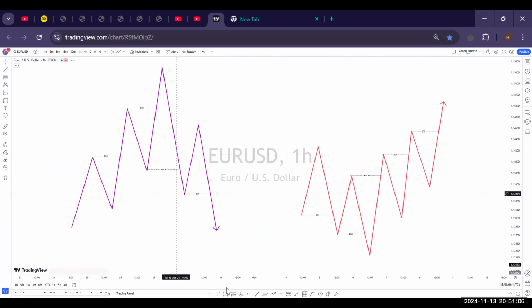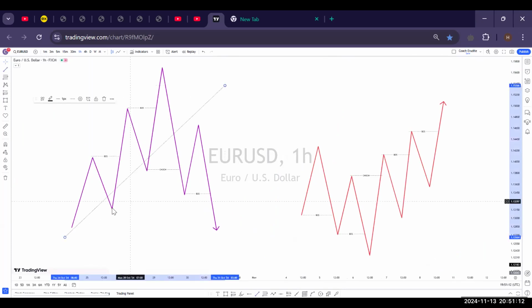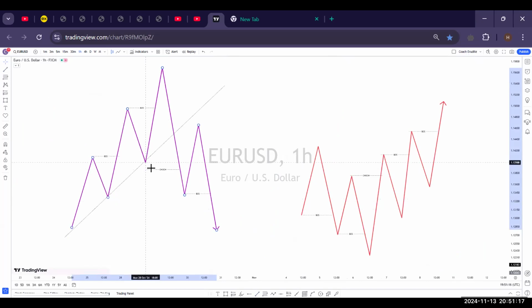Now, here we see that price is in an upward direction. Let me use this trend line. Let's see how to identify a break of structure and a change of character.